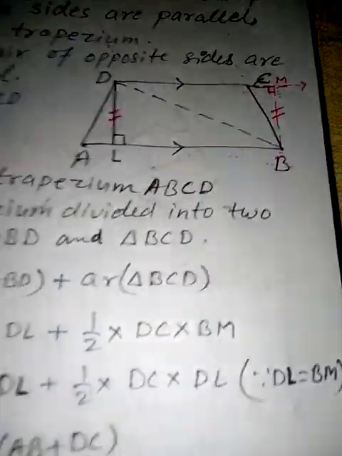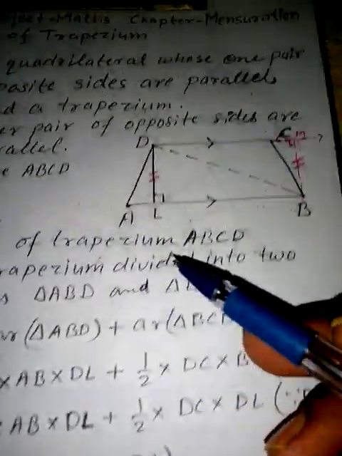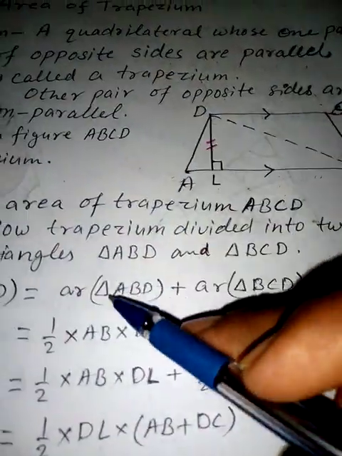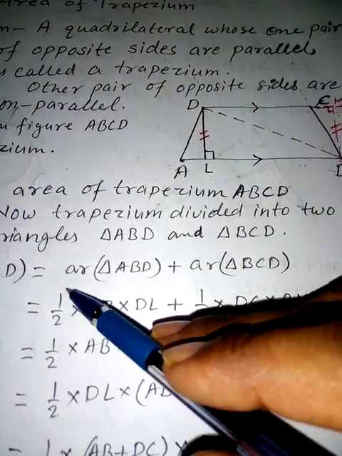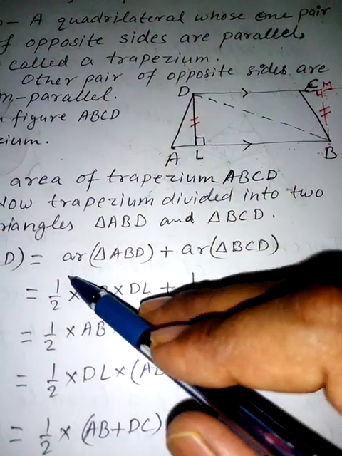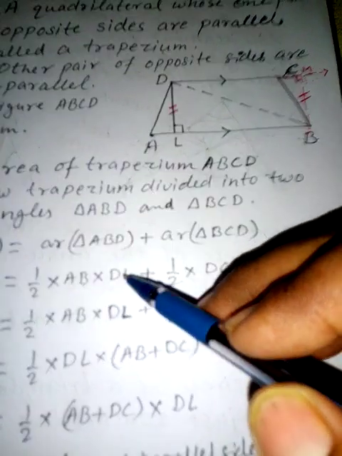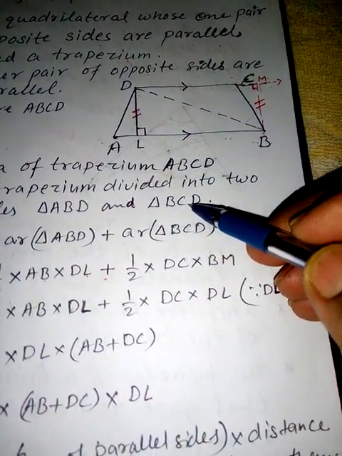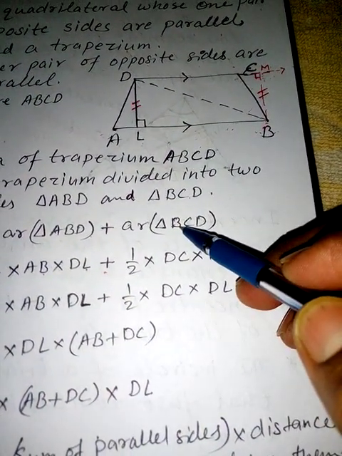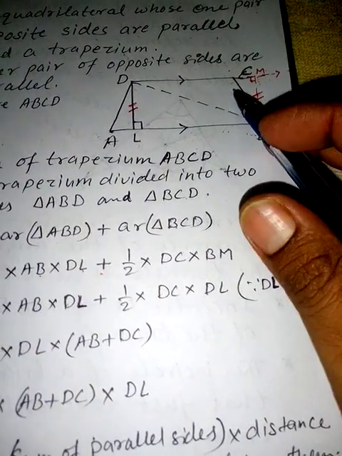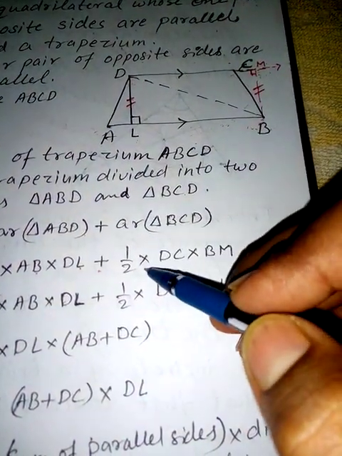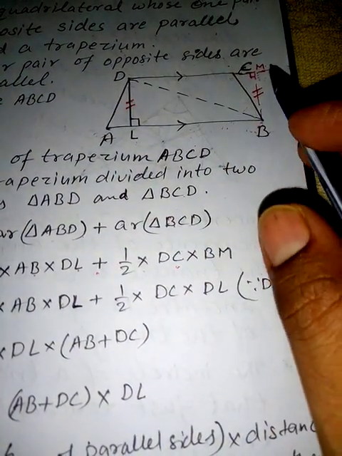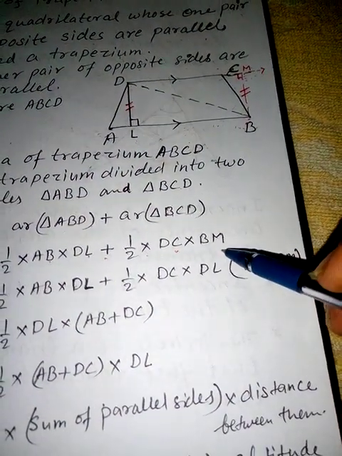Area of triangle ABD is 1/2 base AB into height DL, plus area of triangle BCD equals 1/2 base DC, and the corresponding altitude is BM.